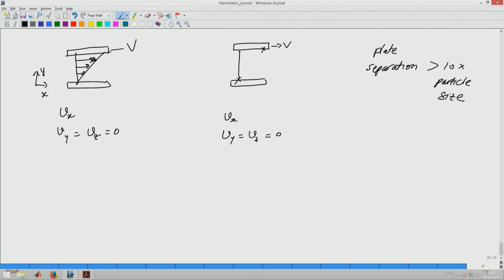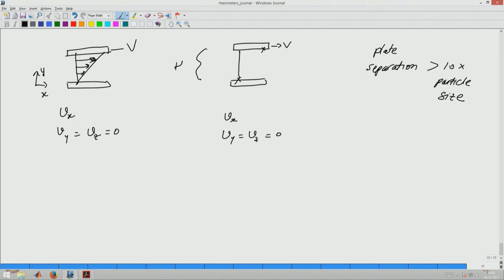If we ensure this, then the local variations, whether a particle is there or not, will average out, and the linear velocity profile is still very good in giving us the bulk behavior of materials, even though the sample itself is heterogeneous at microscopic scale.